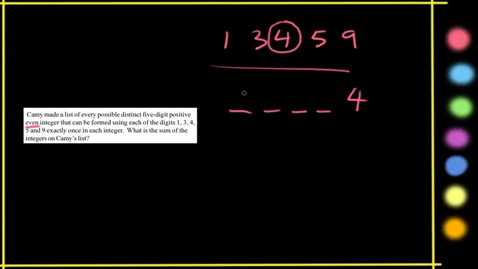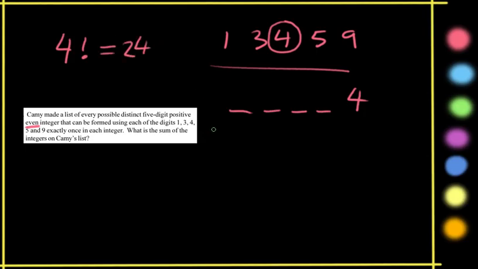So how many of these integers are there going to be? Well, there's going to be 4 factorial of these things because it's the number of ways we can arrange these 4 unique digits in these 4 spots. 4 factorial is 24.